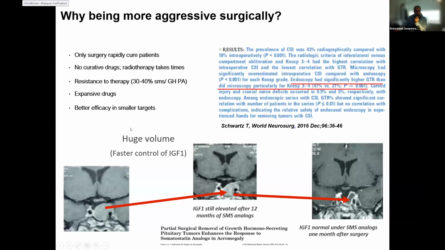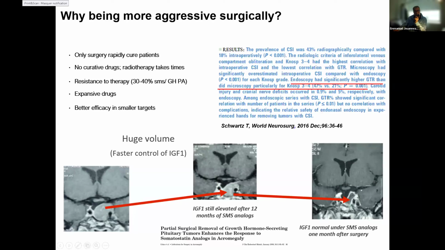And also the last argument we can advocate is that when you have medical treatment or radiotherapy, especially for secreting pituitary adenoma, the treatments work better on a smaller target. Like in this case, we decided not to operate on the patient first because there is an invasion of the cavernous sinus. One year after, the patient was not controlled, they put an analog of somatostatin.